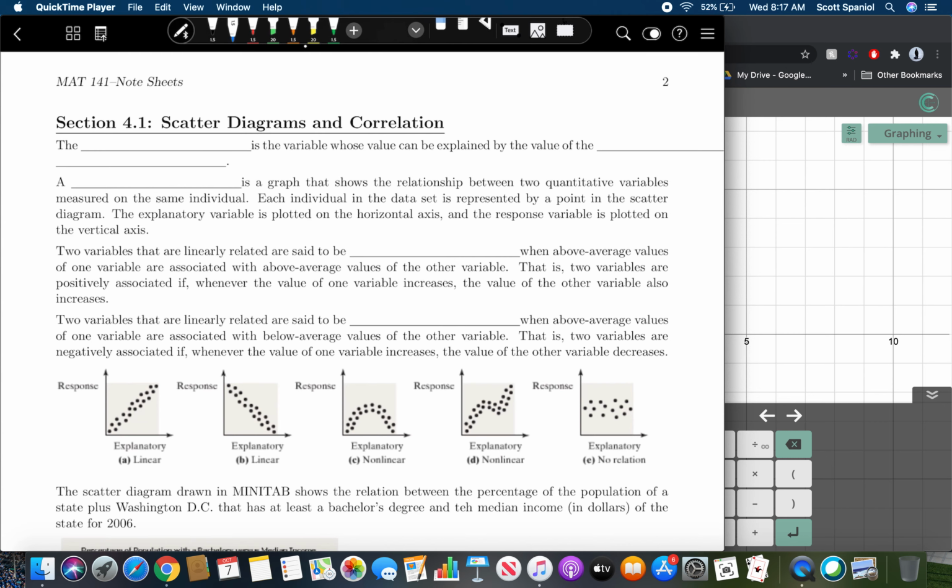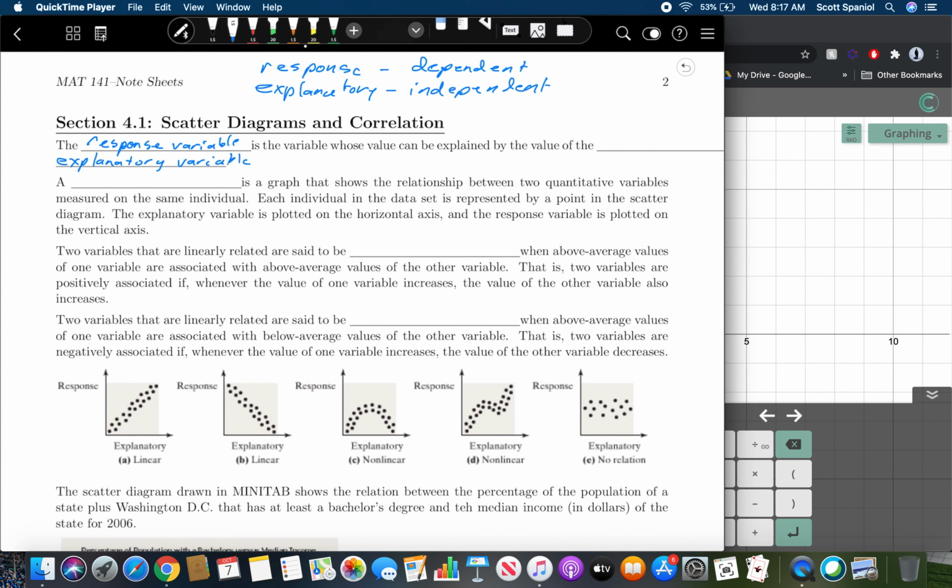A response variable is a variable whose value can be explained by the value of the explanatory variable. The response variable can also be called the dependent variable, and the explanatory variable is also called the independent variable.